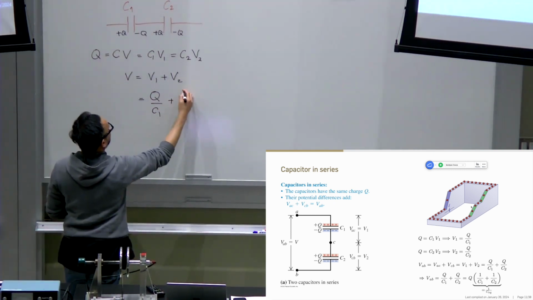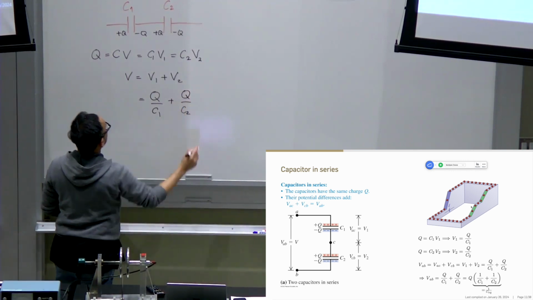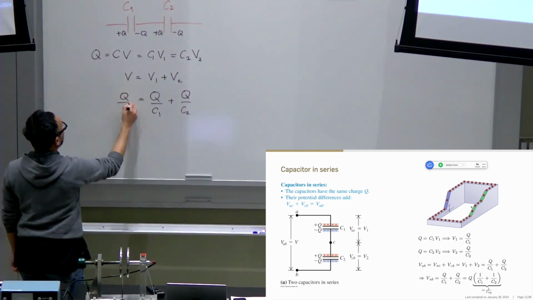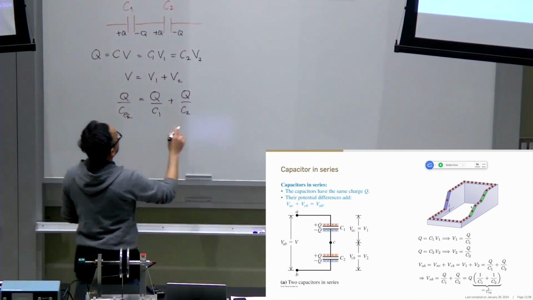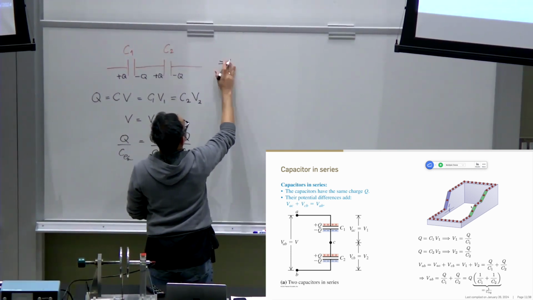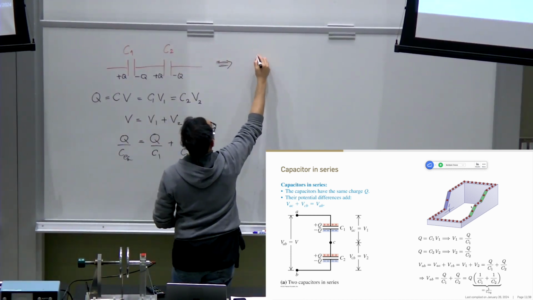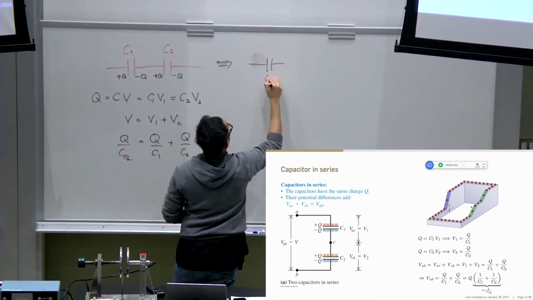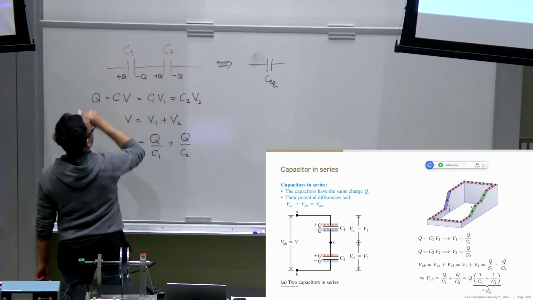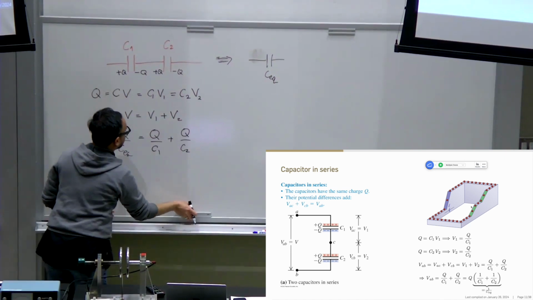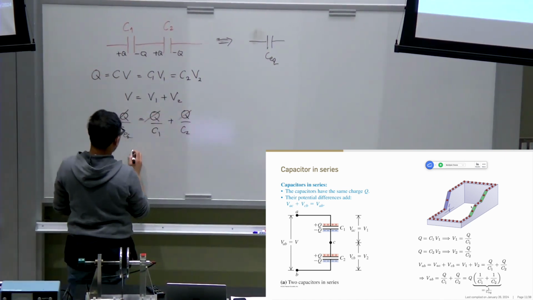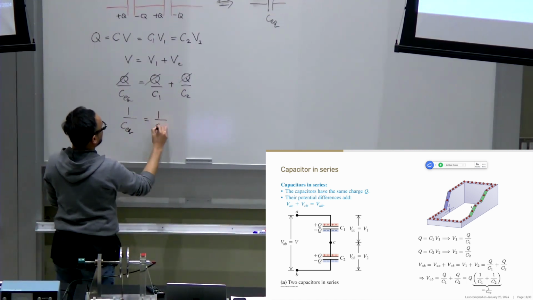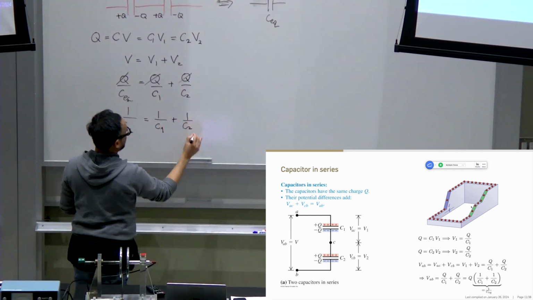And V2 is equal to Q divided by C2. And V here is equal to Q divided by C equivalent. What I mean by equivalent is we want to calculate a single capacitor that can replace these two capacitors. Then you can just cancel Q. So you get 1 over C equivalent is equal to 1 over C1 plus 1 over C2.